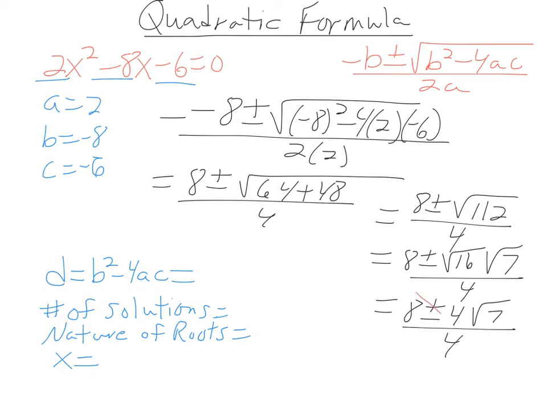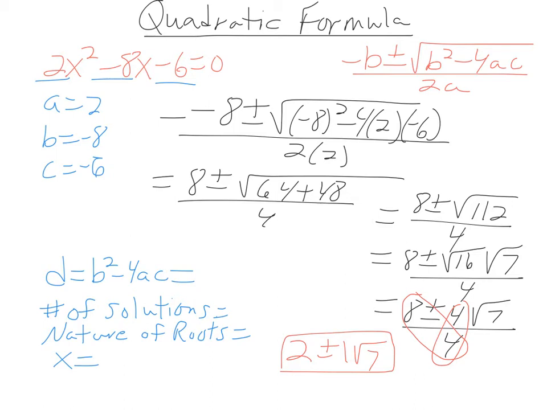Then I can simplify it this way. That simplifies down to 2. Plus or minus this way simplifies down to 1. Then I have my square root of 7. So there would be my final two answers. 2 plus square root of 7 and 2 minus square root of 7. So that's where they would cross the x-axis.